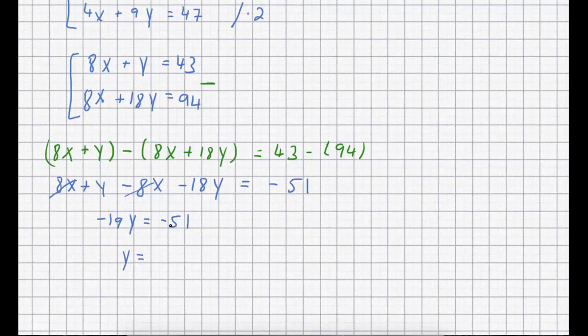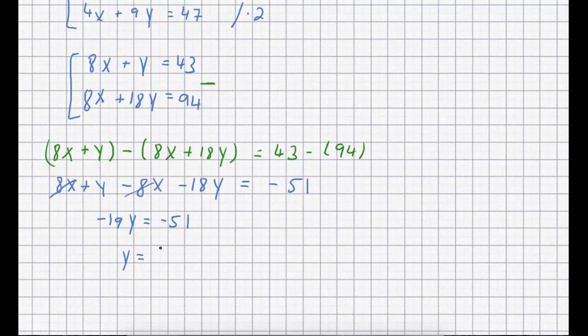Yeah, minus 51 divided by minus 19. Oh, right. Okay. Yeah, I knew you got it right. You just didn't say it right. Okay. How much is it? So it's minus 51 divided by minus 19. Oh, it's not a nice number.